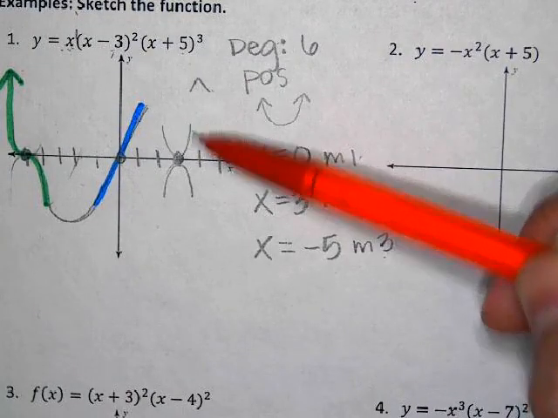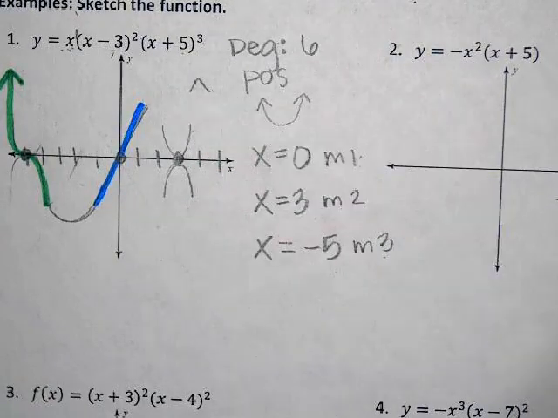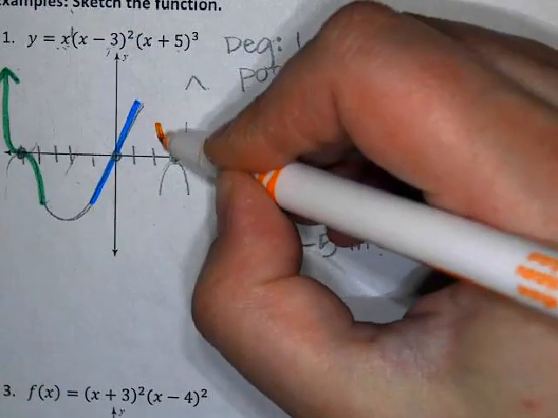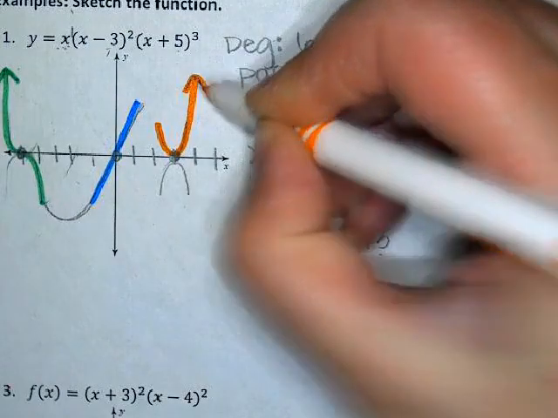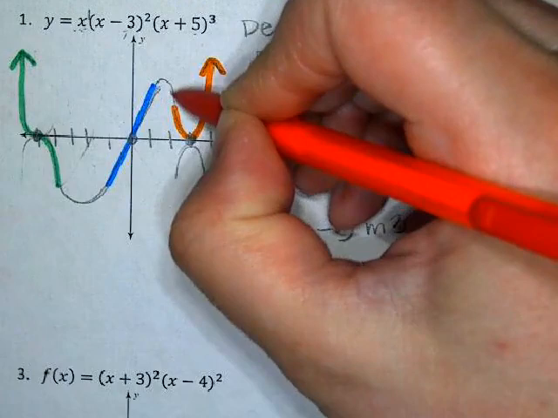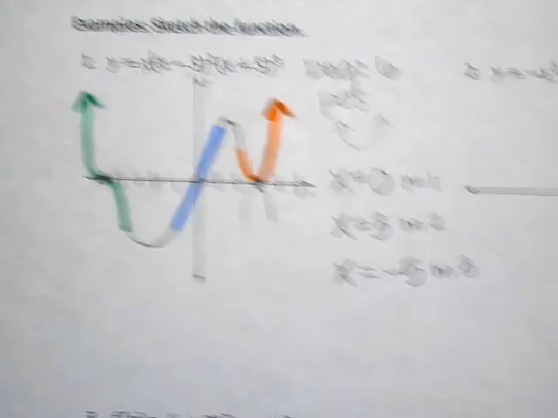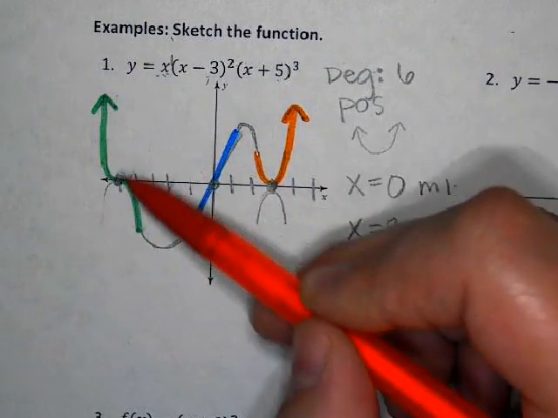Above. I want a U shape above. So the U shape above will connect to the arrow, and then I just make sure it connects nice to the blue. There we go. And when you draw this, you should have nice, just smooth curves all the way through. You shouldn't have any corners.